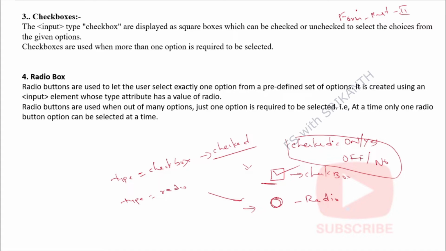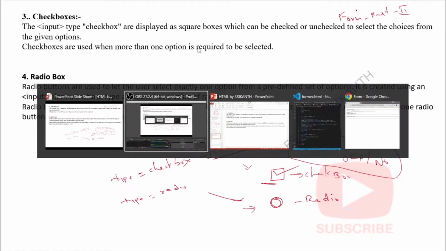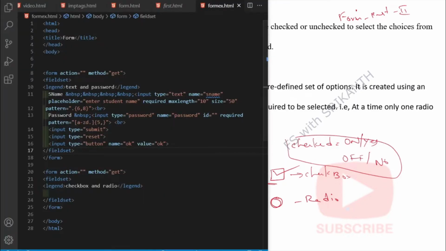From the group of values, the user may pick one particular one. Just observe the example program.